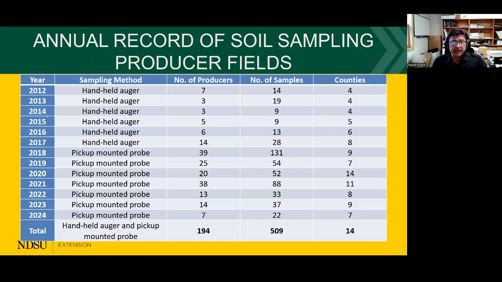We do this for free, and then they pay for the lab charges. And once we get the results back, we sit down with them and discuss and explain the results to them, and provide them with different options for remediation. So since 2012 until the end of 2024, we have helped 194 producers sampling 509 unproductive sites in 14 counties throughout the state.